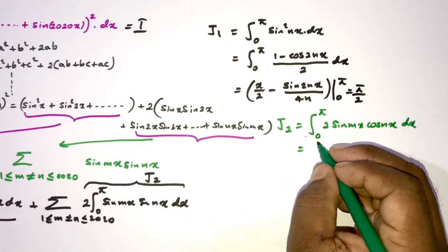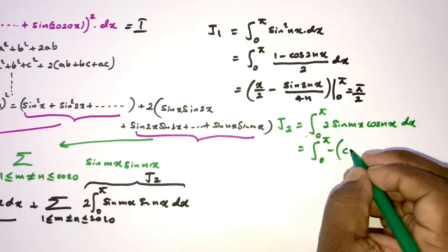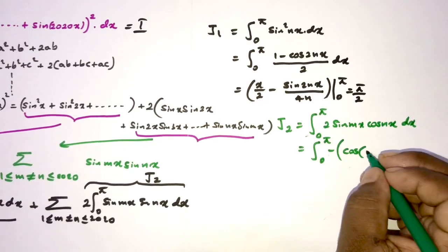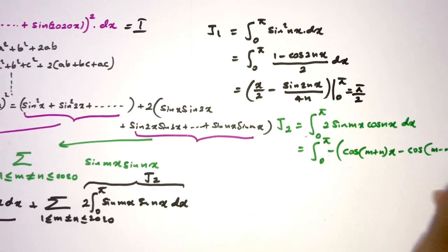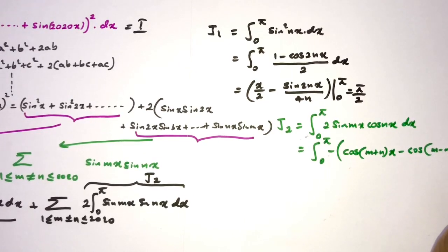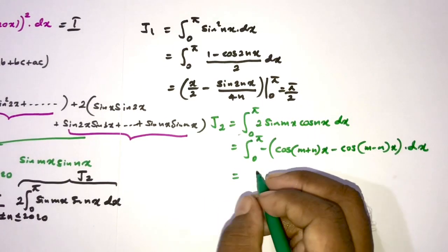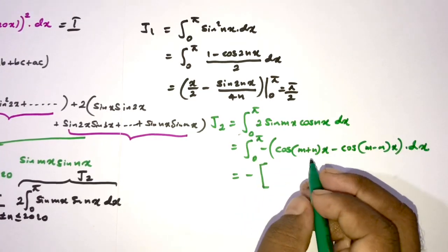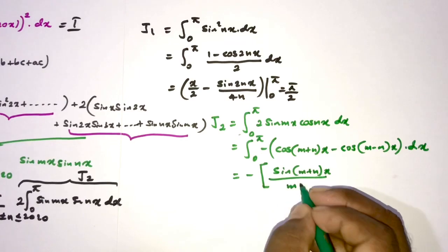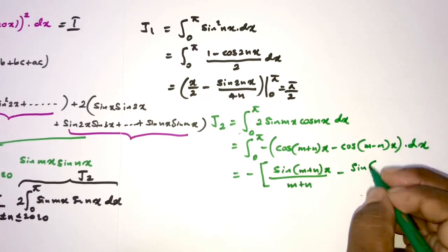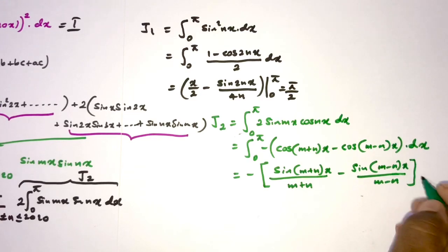According to the trigonometric formula, we can write this as the integral of cosine of (m minus n)x minus cosine of (m plus n)x dx. Then we integrate the cosine function to get sine: sine of (m minus n)x over (m minus n) minus sine of (m plus n)x over (m plus n), from 0 to pi.